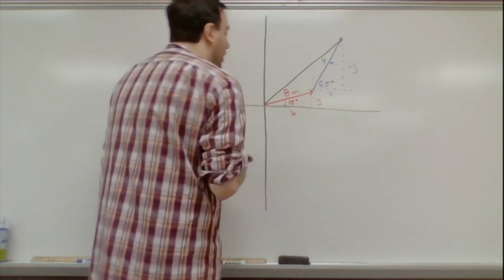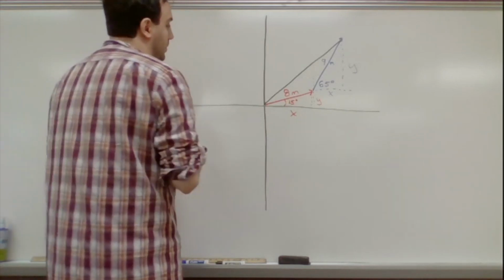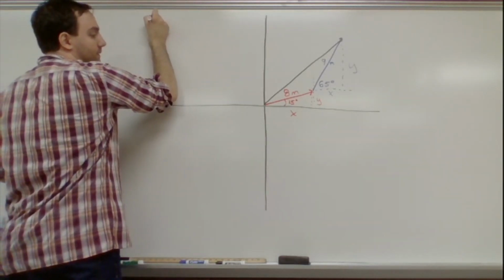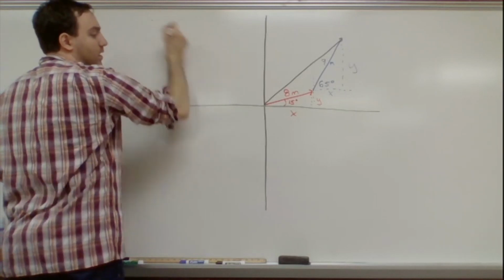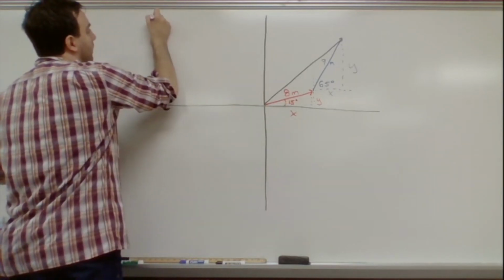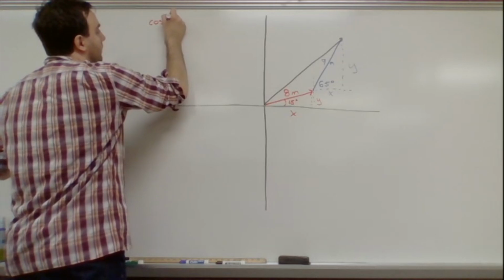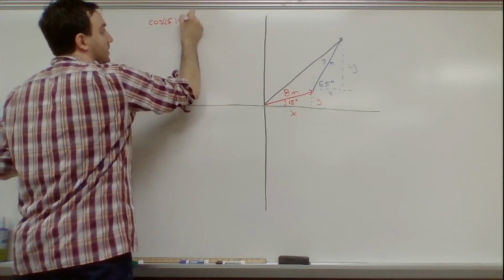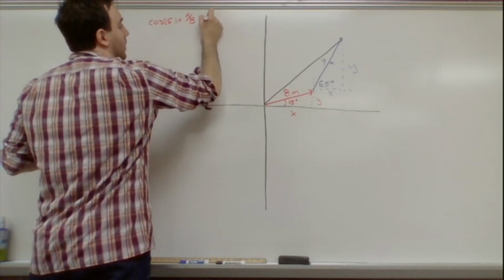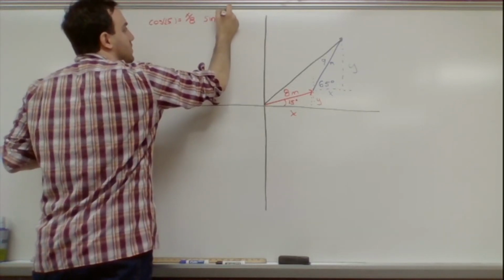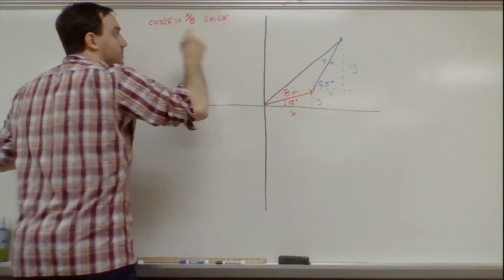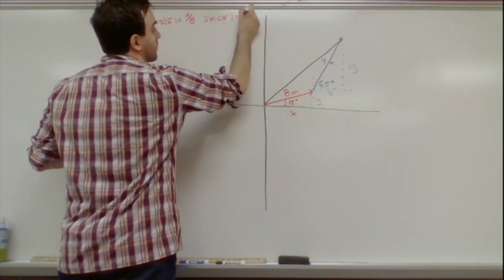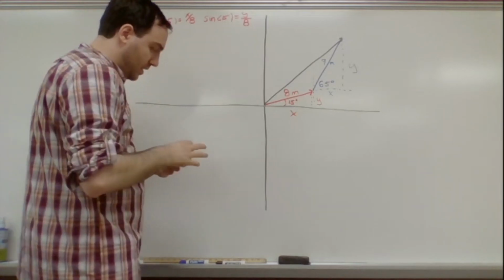So for the red, x is going to be cosine. Y is going to be sine in this particular case. So that's how I'll set that up.